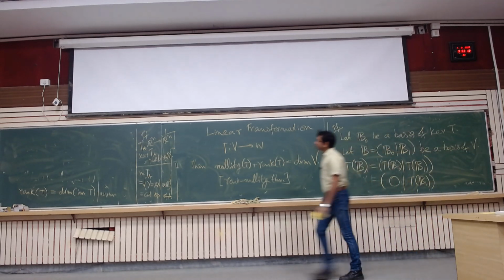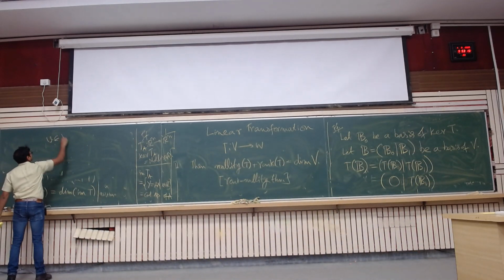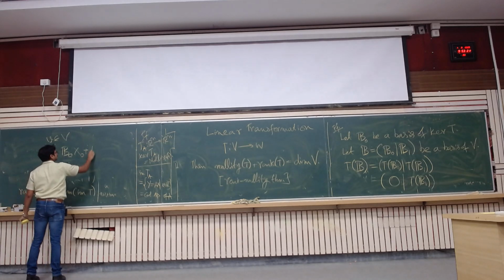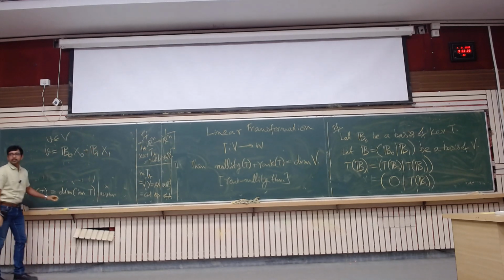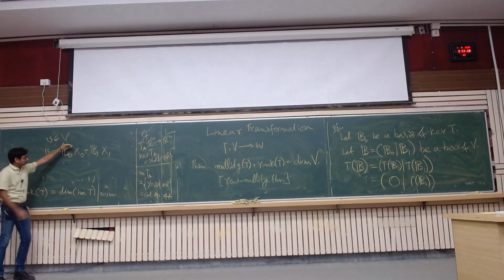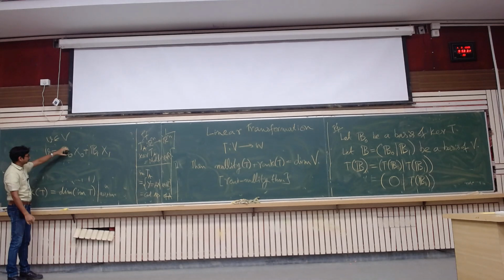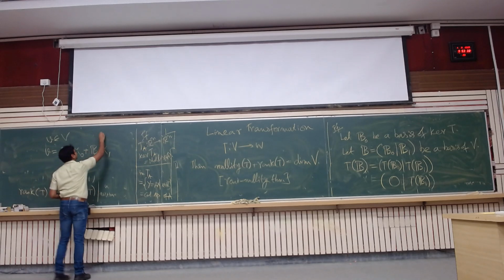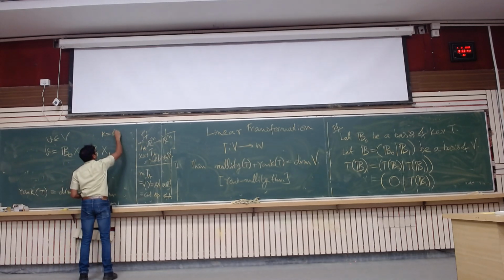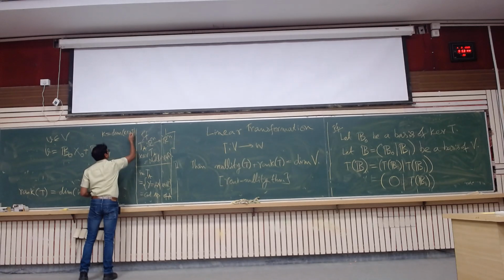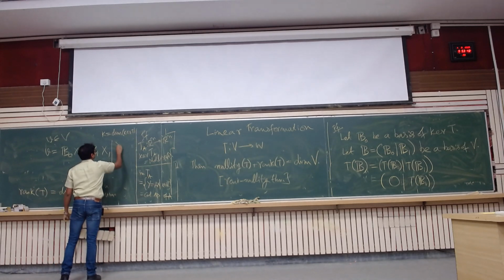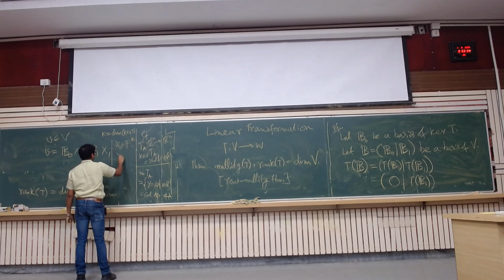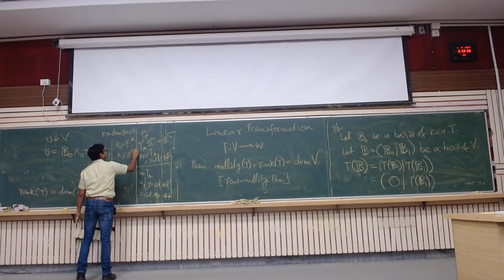So if you write a vector v in V as v equal to B0 x0 plus B1 x1, where, let k be the dimension of the kernel of T, x0 is in F^k, k copies of the field, and x1 is in F^(n-k), say.